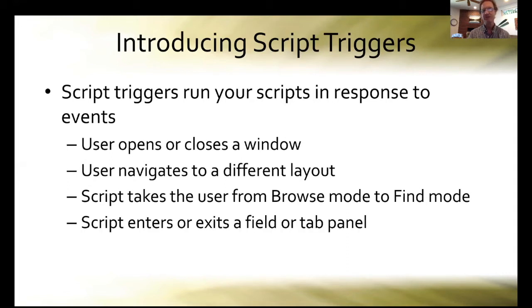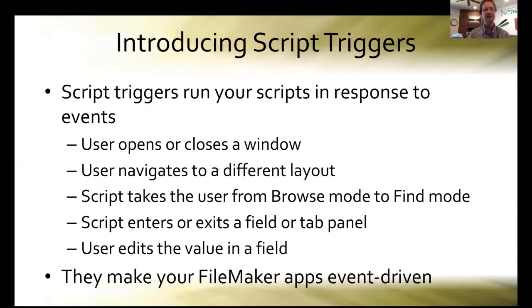A script enters or exits a field or a tab panel, or a user edits the value in a field. Each of these is an event that's capable of triggering scripts we've written, which gives us the chance to transparently interrupt the user experience to automate, validate, educate. In short, script triggers can make your FileMaker apps event-driven.